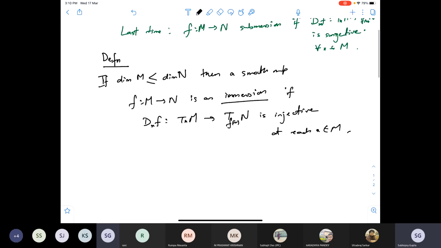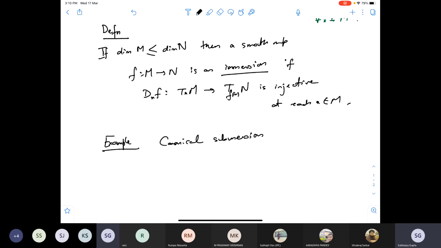And one example is the canonical immersion. Just like we had a canonical submersion, which was the simplest example, canonical immersion is also something very simple. Remember your source dimension is less than or equal to the target now.